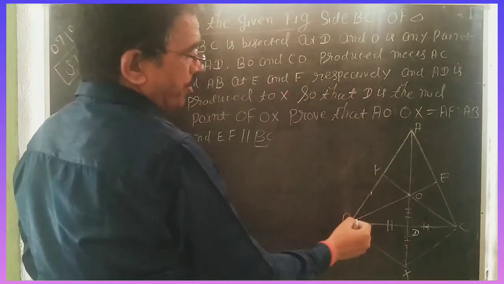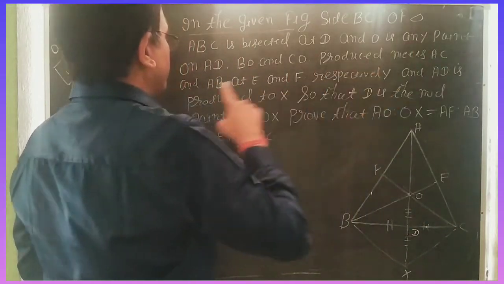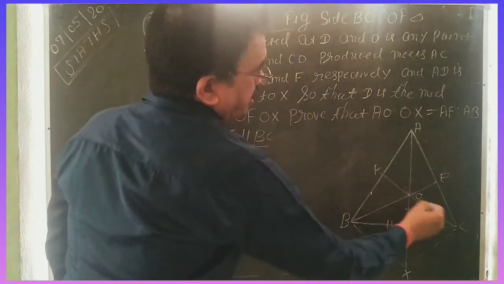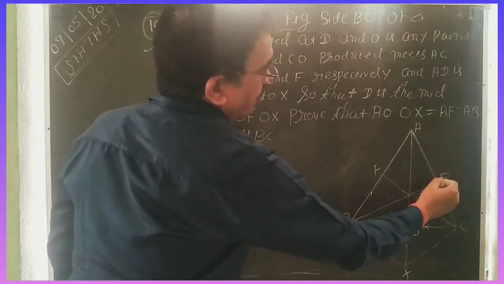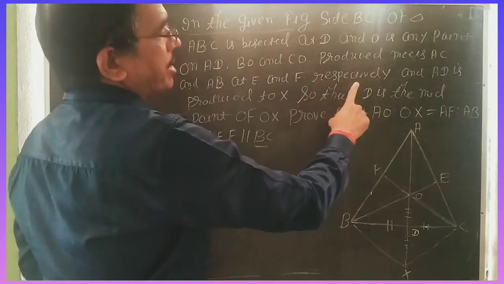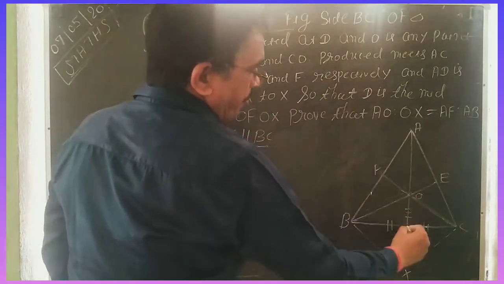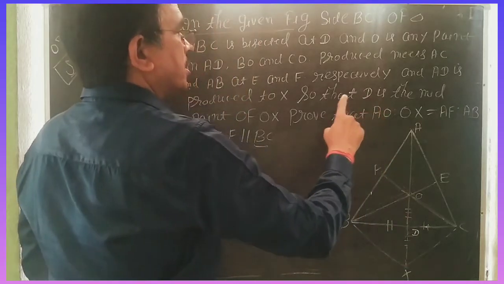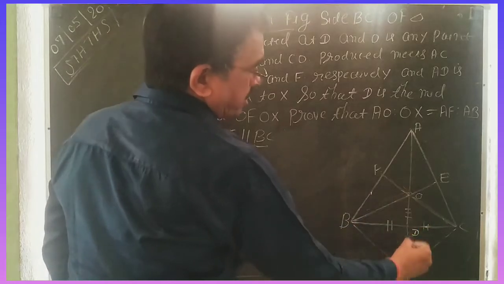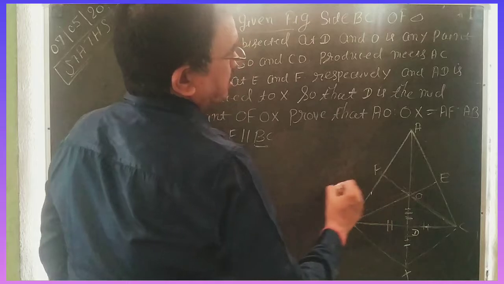BO and CO produced meet AC and AB at E and F respectively, and AD is produced to X so that D is the midpoint of OX, that is OD is equal to DX.